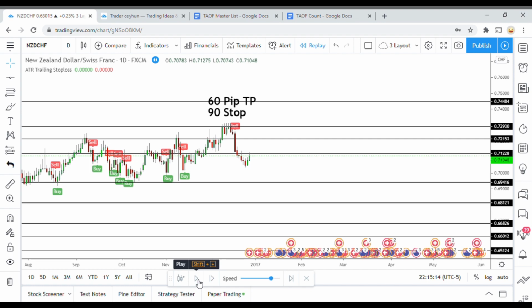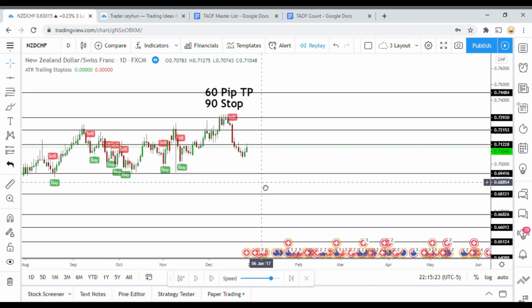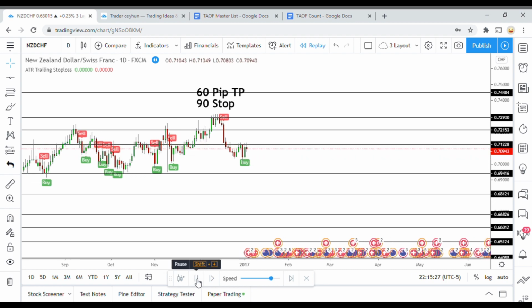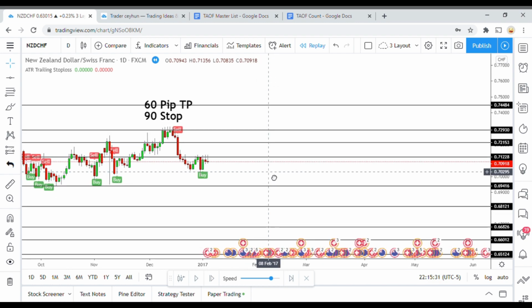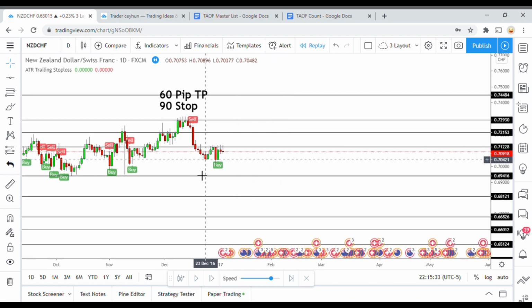The replay function has been a little funky tonight, so I'm not sure how it's going to cooperate. But basically these lines give us an extra layer of trade ideas, however you want to say it. It just gives us another layer of market analysis to look at.